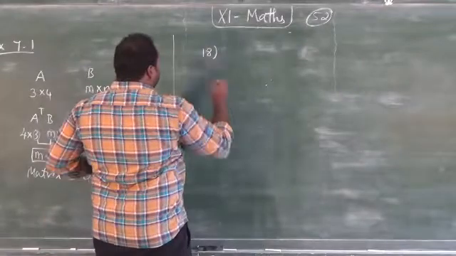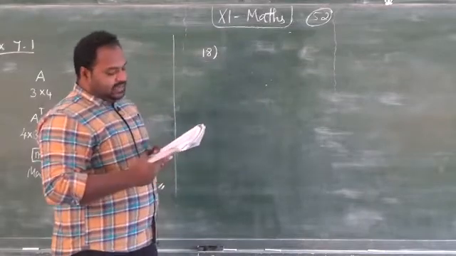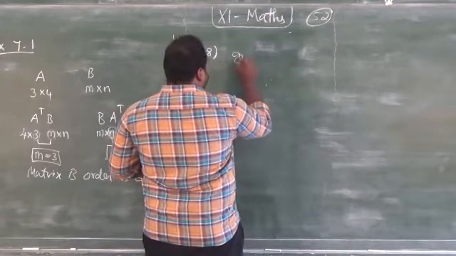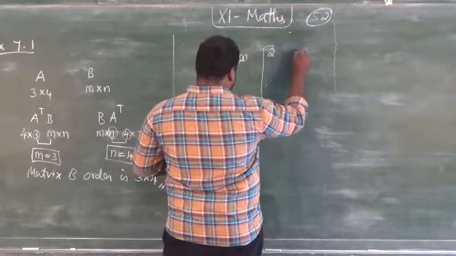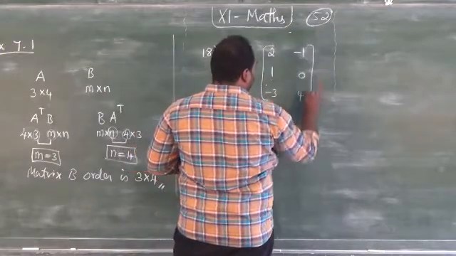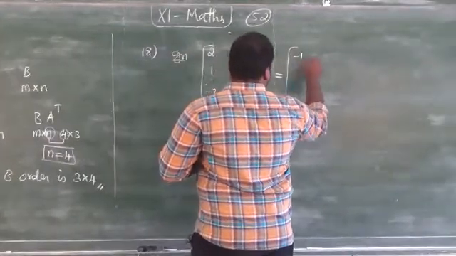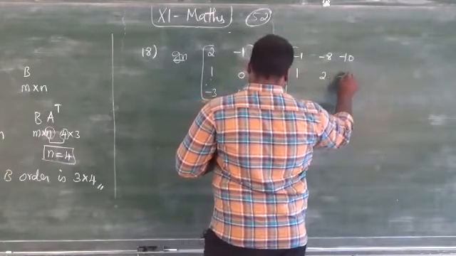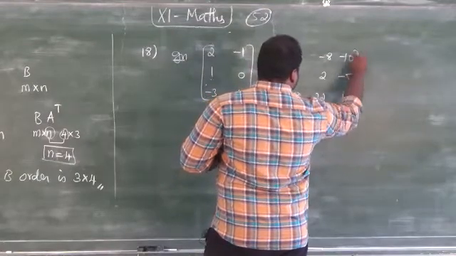Question number 18. Find the matrix A such that the matrix [2, minus 1, 1; 0, minus 3, 4] times A transpose equals [minus 1, minus 8, minus 10; 1, 2, minus 5; 9, 22, 15].